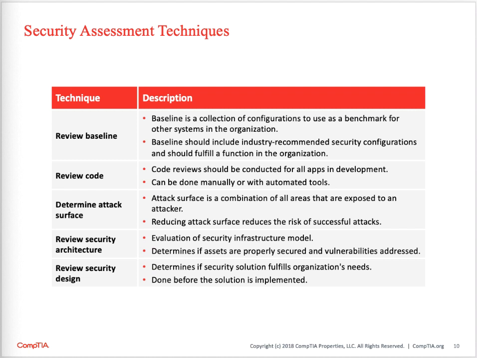So one of the things we need to understand is how big our attack surface is, right? Our attack surface is a combination of all the areas that are exposed to an attacker, all the paths an attacker can take to get into our system.